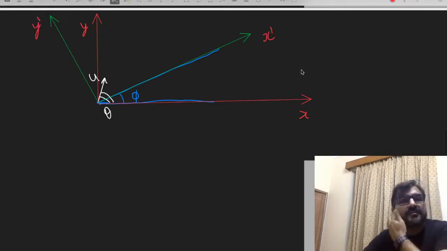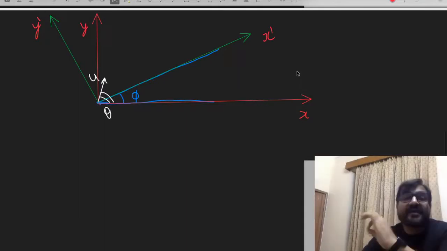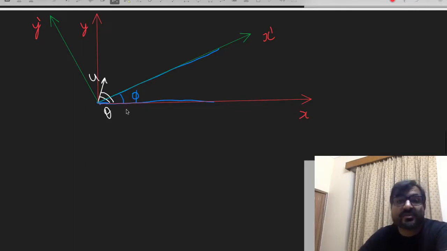So which axis is suitable for finding when will it land on the incline? Okay? When will it land on the incline? Which axis is suitable?